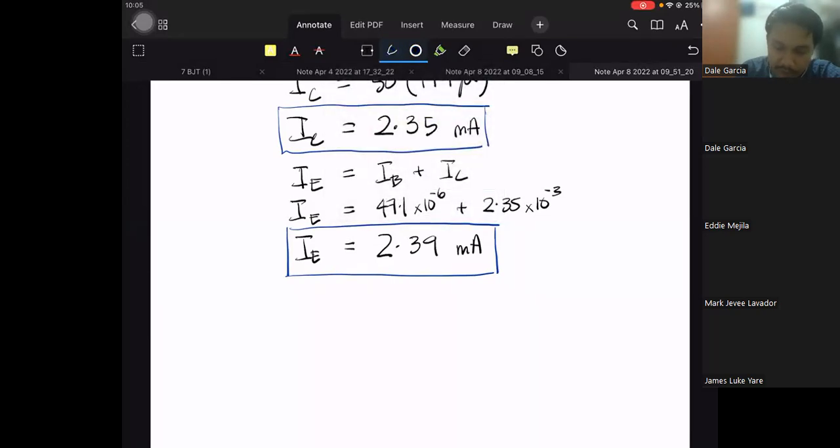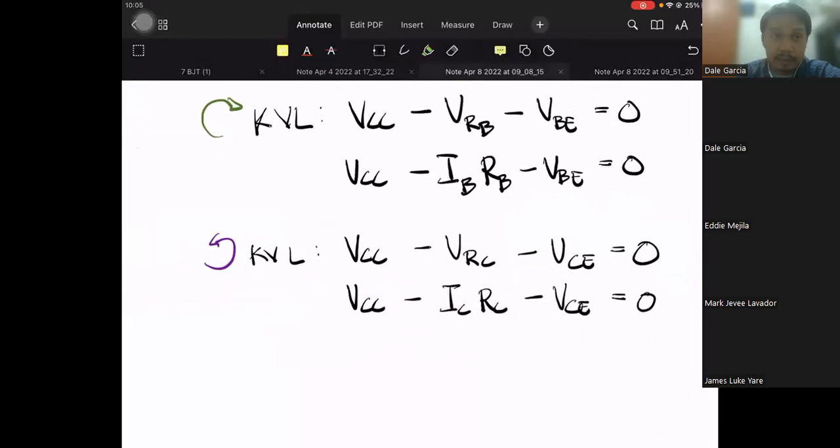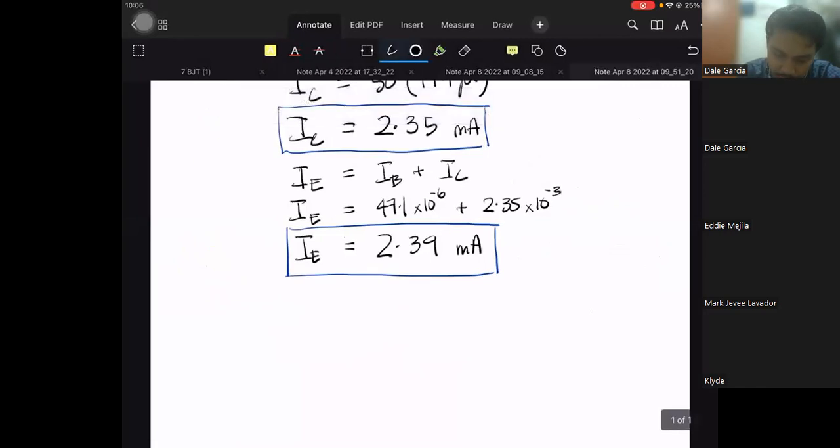So we're solving for VCE. We'll invoke the second formula, this one, the KVL equation from the right side, no, or right portions of circuit. So VCC minus ICRC minus VCE equal to 0.